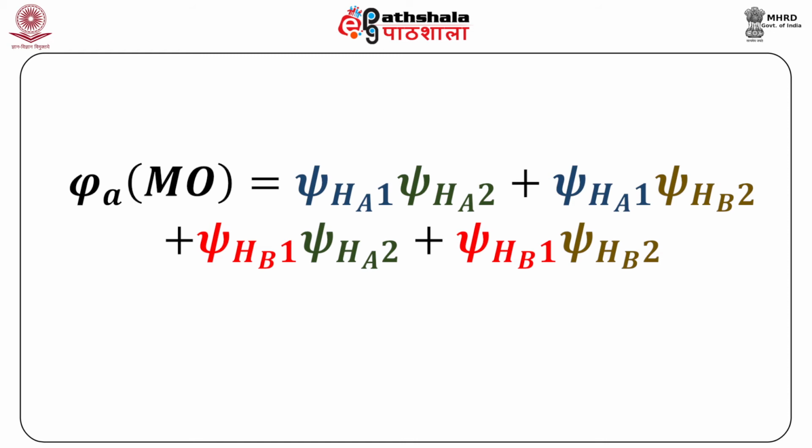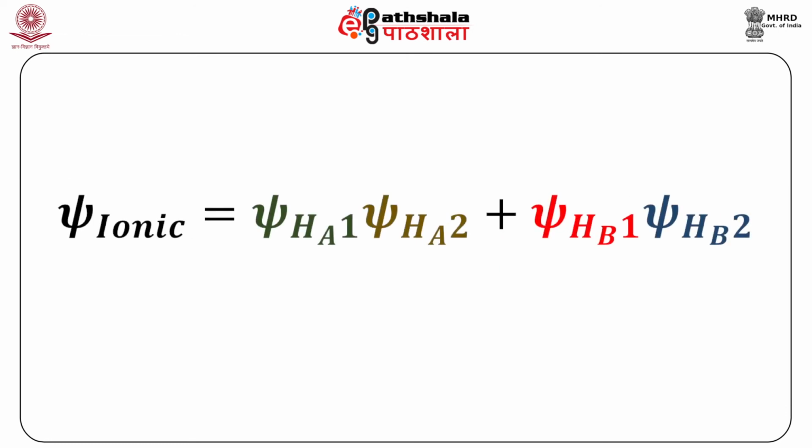Now, look at the first term and the last term, psi HA1 psi HA2 and psi HB1 psi HB2. These are called ionic contributions because they represent both electrons of the hydrogen molecule on one atom.